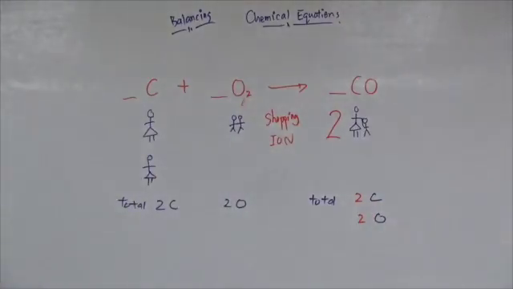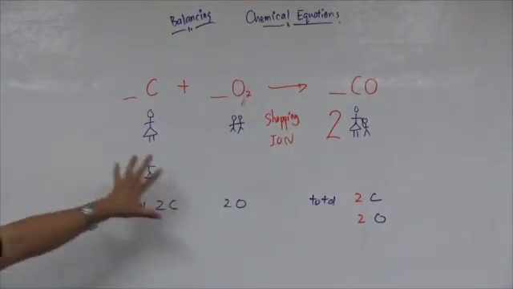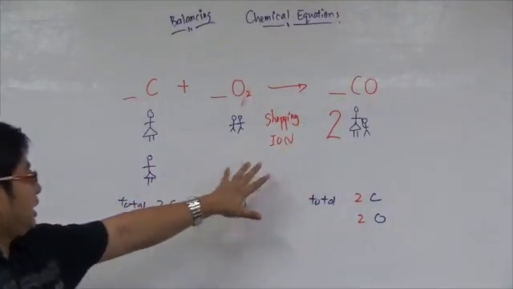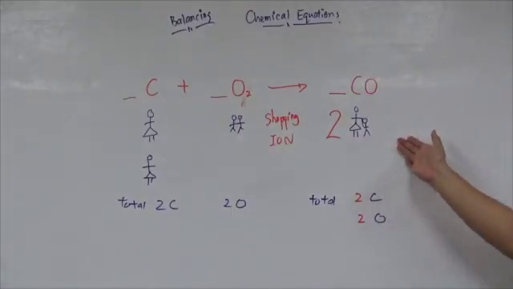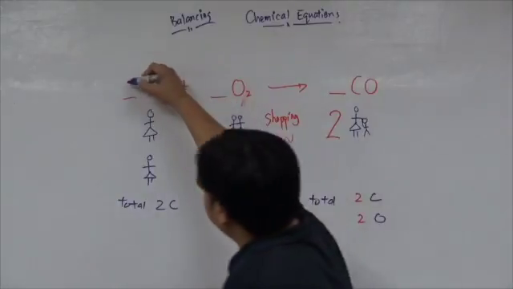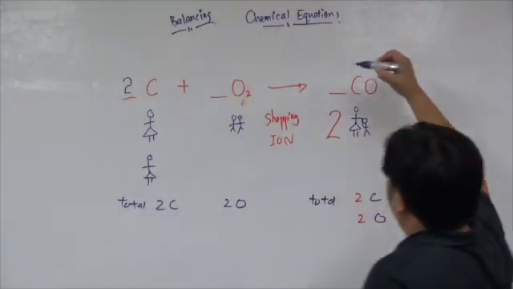Does it make sense? The total number of people going into a shopping mall has to be the same as the total number of people that come out of the shopping center. So how do you balance it? You put a 2 here and you put a 2 here.